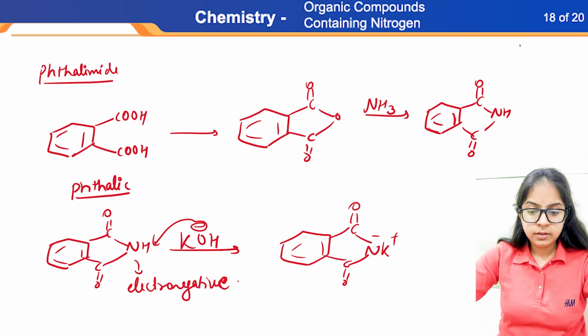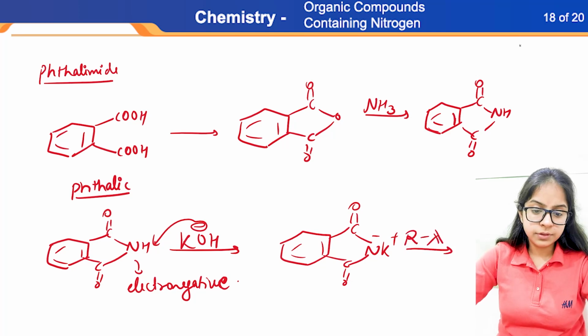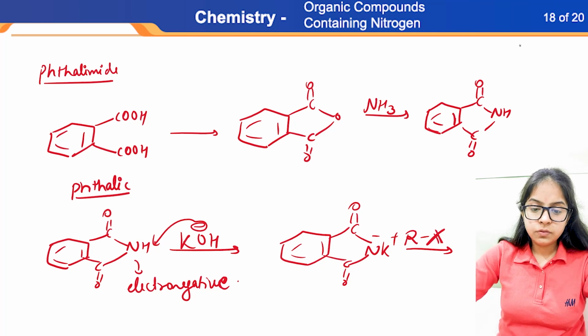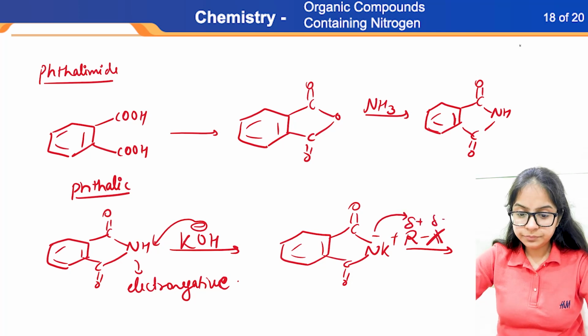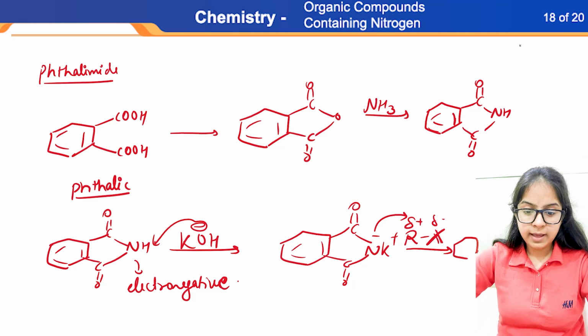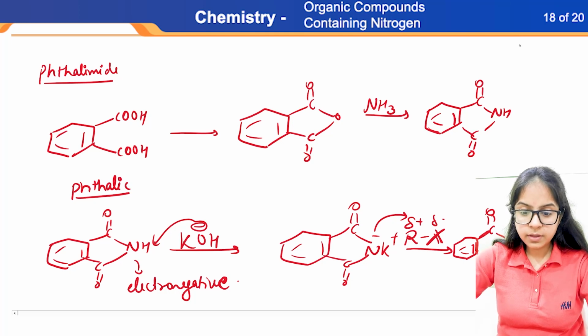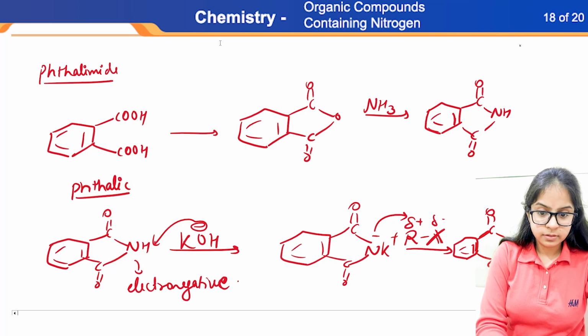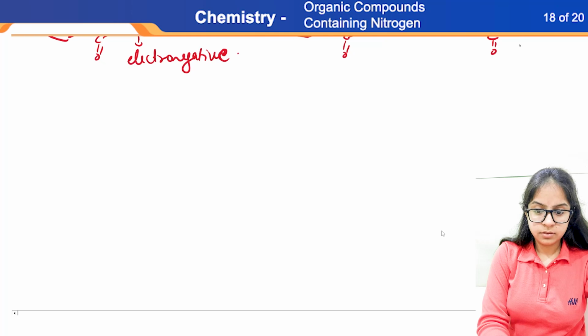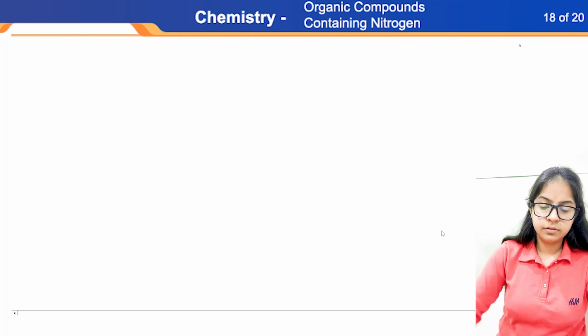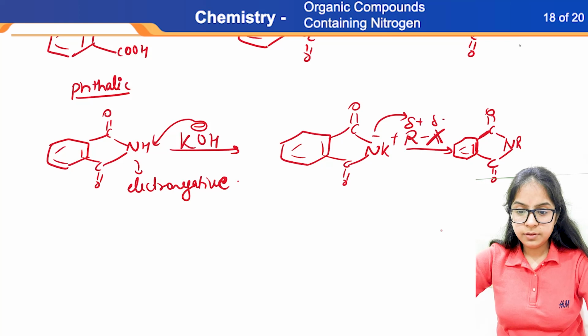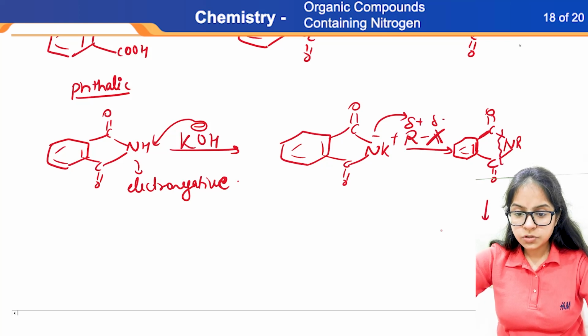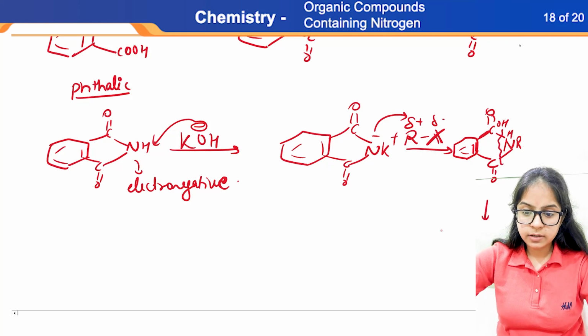After that, the RX reaction on this one. This negative is going to attack this delta positive. You will have CO, N, and R. Okay. After that, the hydrolysis. Hydrolysis with OH and H and OH.